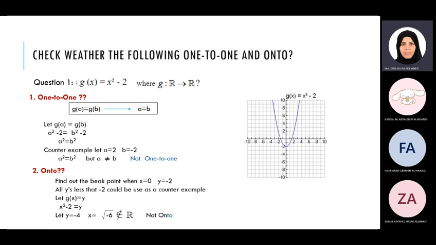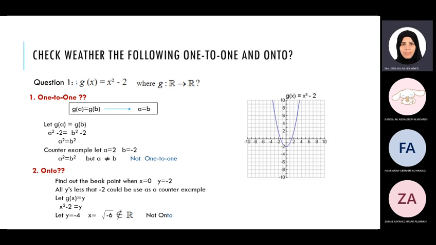Any value less than minus 2, minus 4, minus 6, minus 5, minus 10, minus 100, if you substitute, you will get that x maps to nothing, something not a real number, something negative under the root. So this will be a good counterexample. To say a quadratic definition is not one-to-one and not onto, just giving a counterexample is enough.